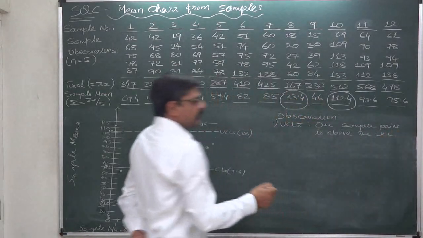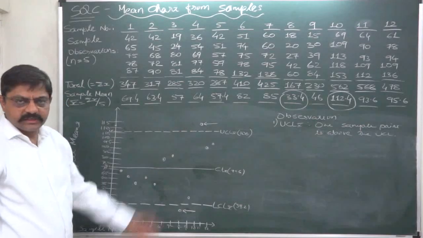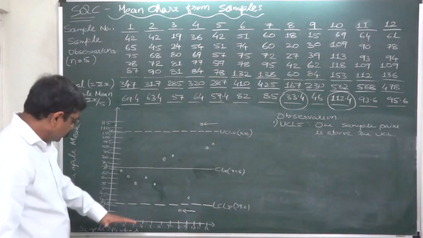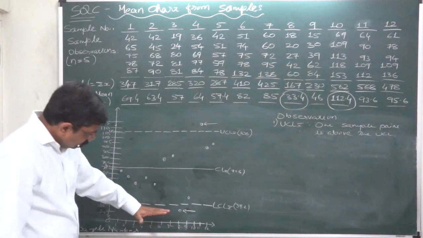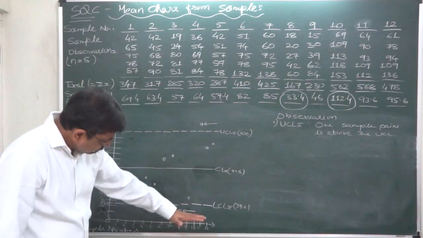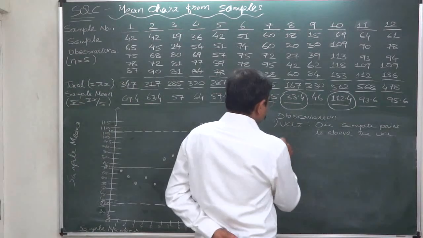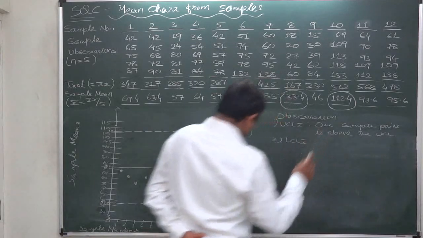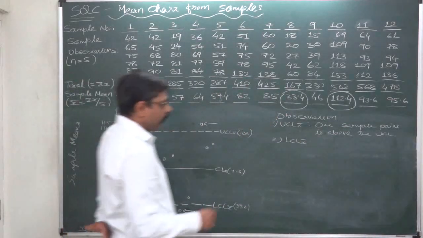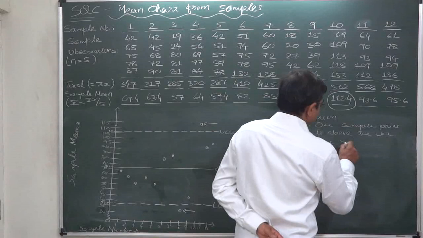Just on the basis of this, it has been proved that the process is not under control. But we must observe the situation relevant to the LCL also. Number 2, lower control limit. What happens with the lower control limit? Again, one sample point is below the LCL.